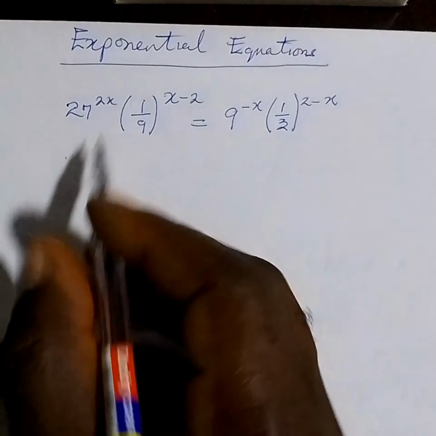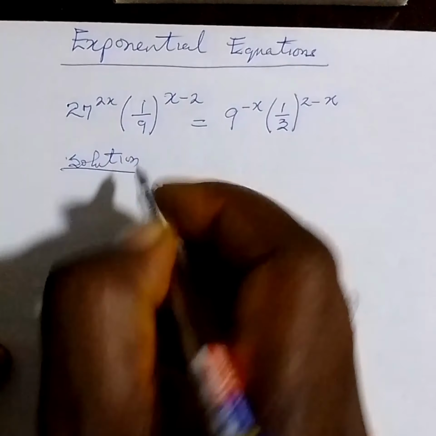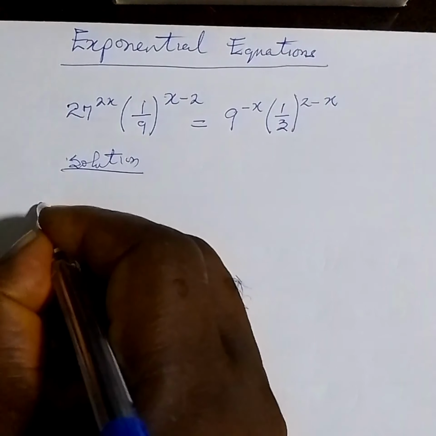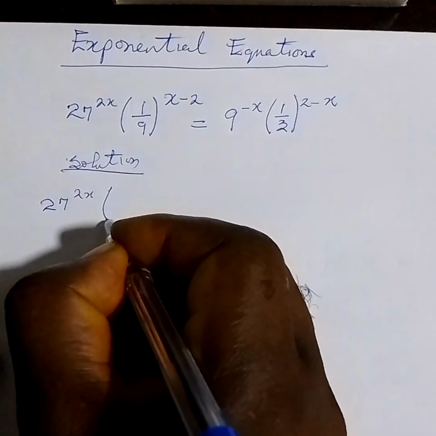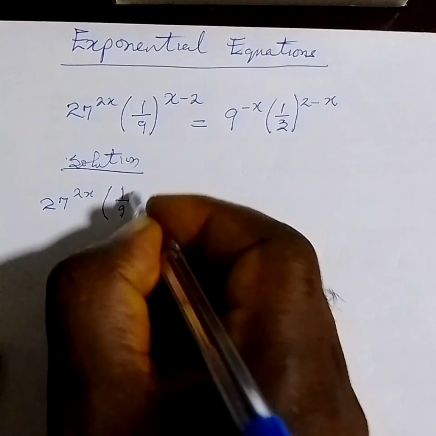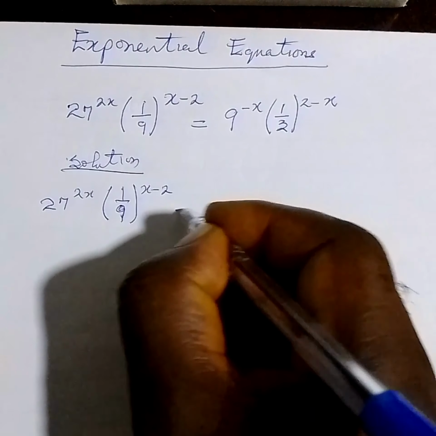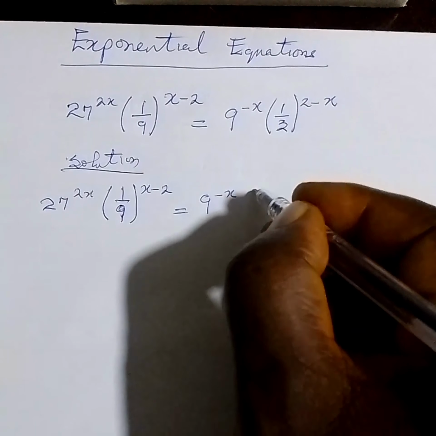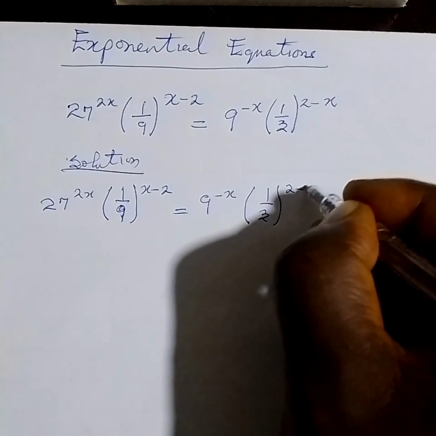So we pull down the question here: 27 to the power of 2x multiplied by 1 over 9 to the power of x minus 2, equal to 9 to the power of minus x, open bracket, 1 over 3 to the power of 2 minus x.